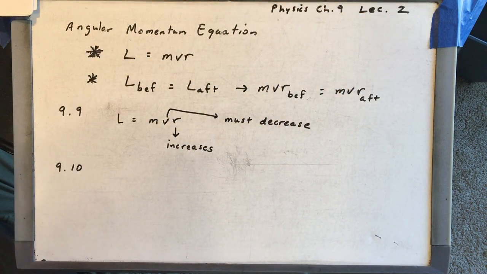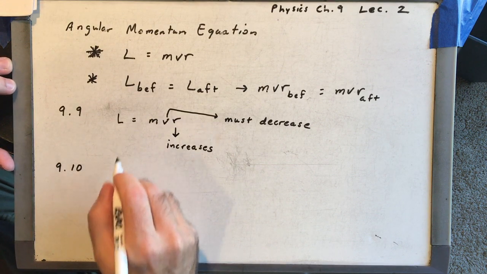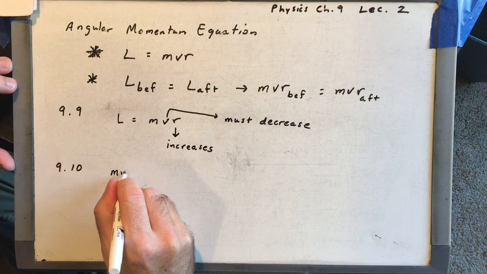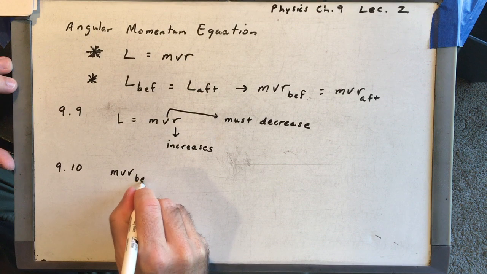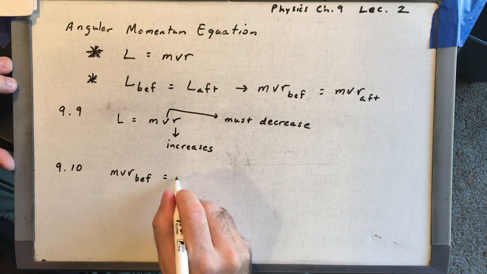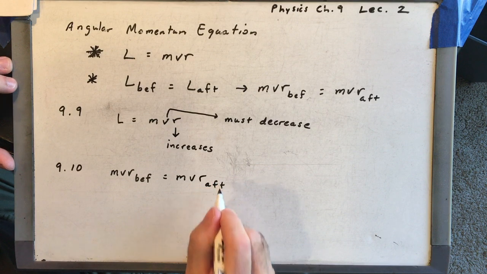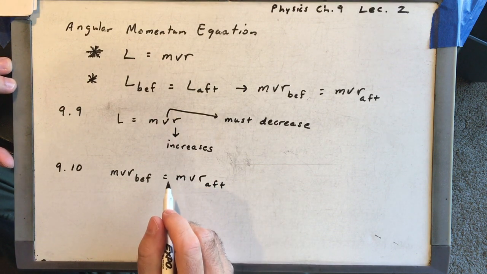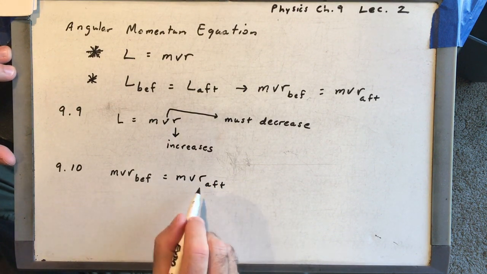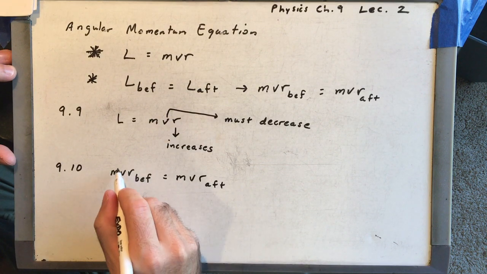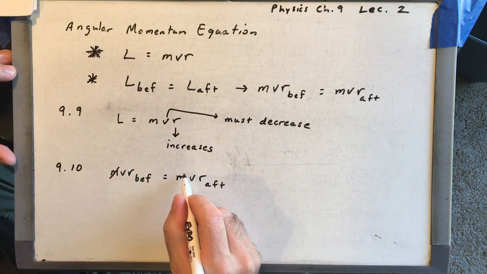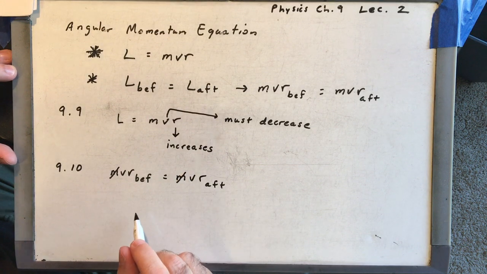All right, so we're going to have angular momentum before, so mvr before has to equal mvr after. Now in this particular case, the mass doesn't change. I think there's a homework problem where it does, okay? So if it doesn't change, you can cross them out.